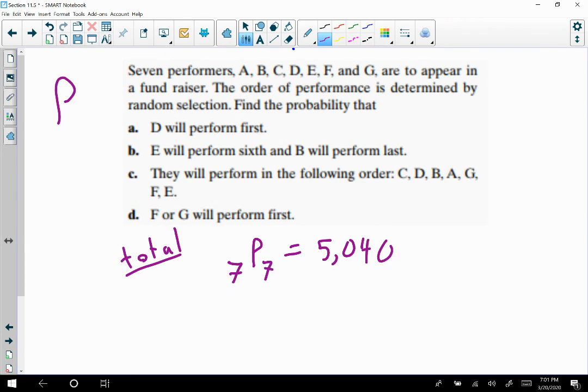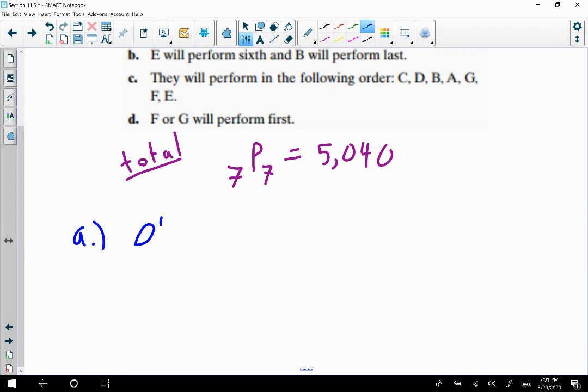So we're going to find these 4 probabilities and deal with their events. A is all about what happens if D goes first. What is the probability of that? Well, if D is going first, that's kind of like what we had a couple minutes ago with the fundamental counting principle.